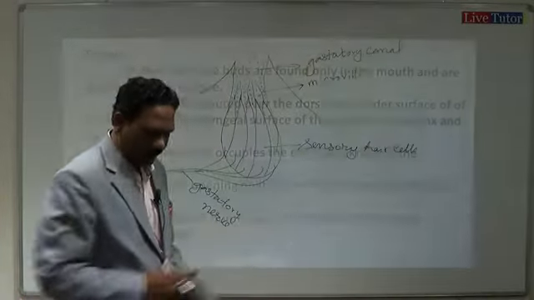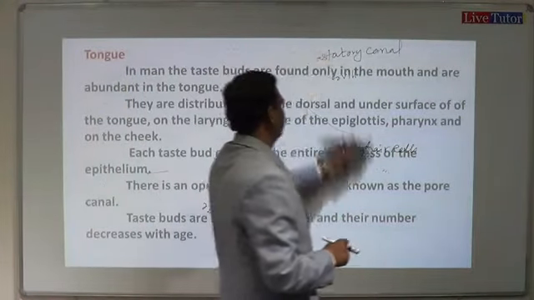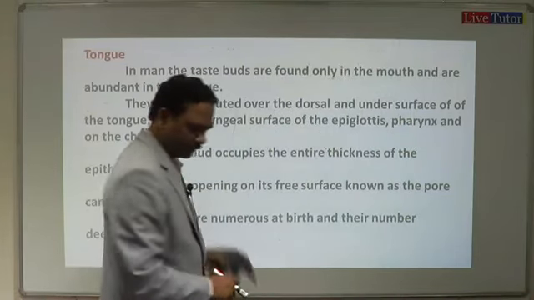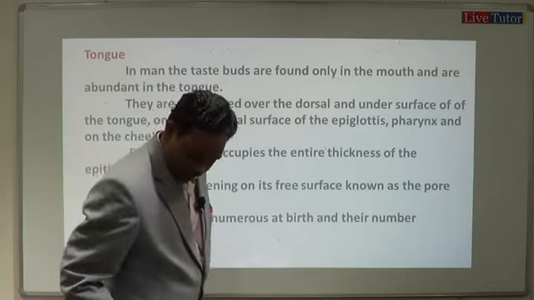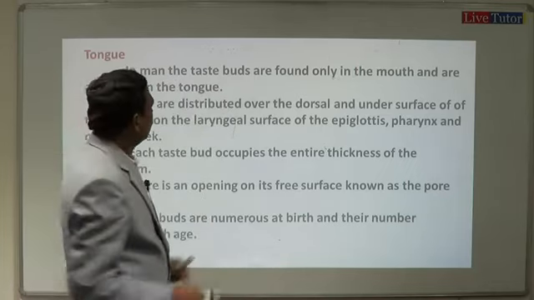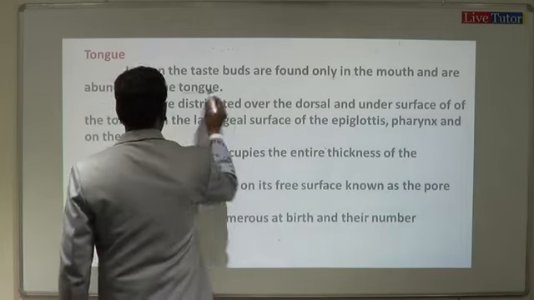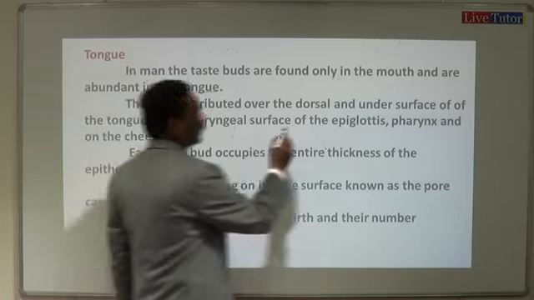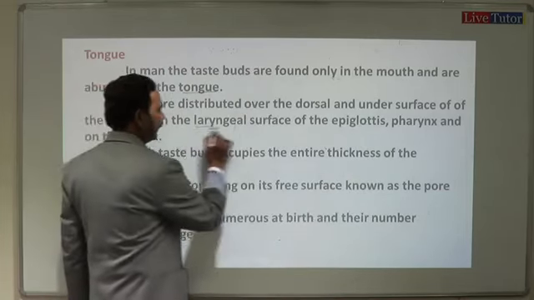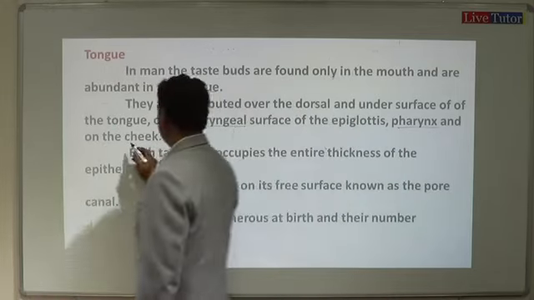Then we can see the slide figure. Taste buds are found only in the mouth and are abundant in the tongue, distributed over the dorsal and under surface of the tongue, and also on the laryngeal surface of the epiglottis, the pharynx, and what is that?